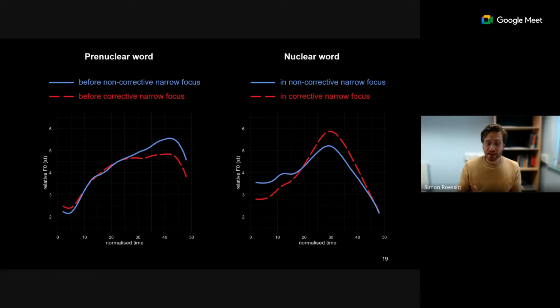And when I look at my data, I'm not sure whether I can answer this. I don't think the data really makes it possible to answer this. And I think that's a really interesting question in this context, whether the control is independent, or there is something like an inhibition in the prenuclear domain that comes from the fact that we get more prominence in the nuclear domain.